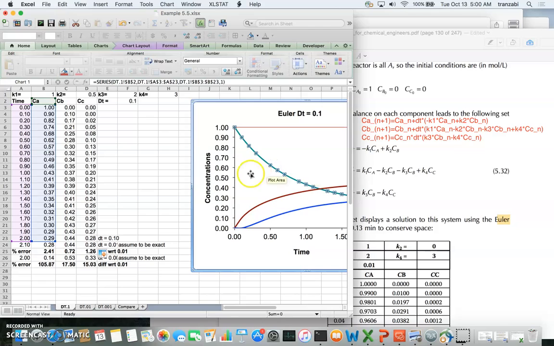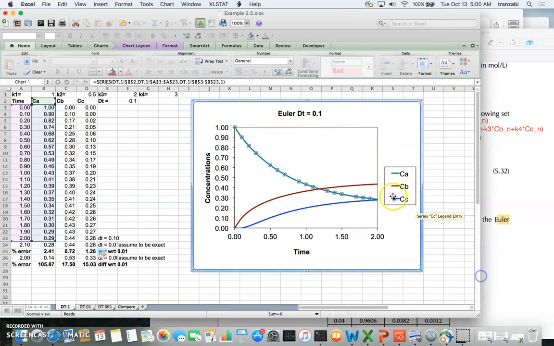So here's the concentration, let's expand this. Green is the concentration of A as a function of t. The red one is CB, and the blue one is CC. So the concentration of A goes down, and A is converted into red and blue, which means B and C. To see the equilibrium concentration, look at a longer time.